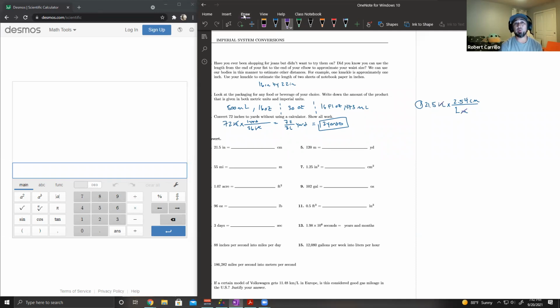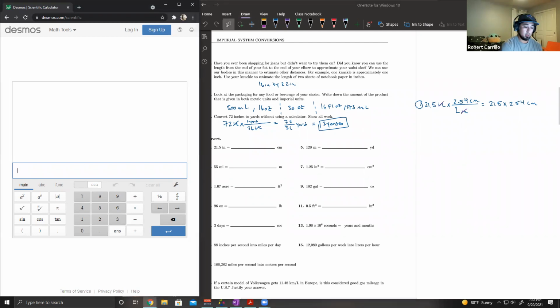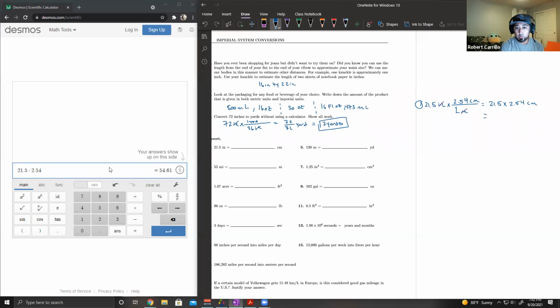And then I'm left with 21.5 times 2.54 centimeters. I got my calculator up over here: 21.5 times 2.54. And we get that 21.5 inches is 54.61 centimeters.